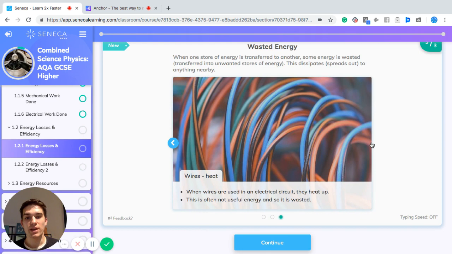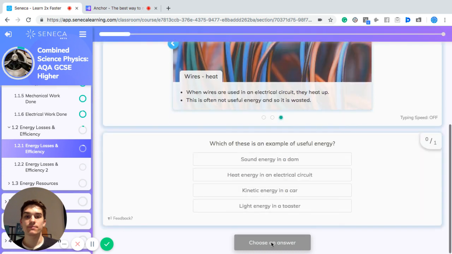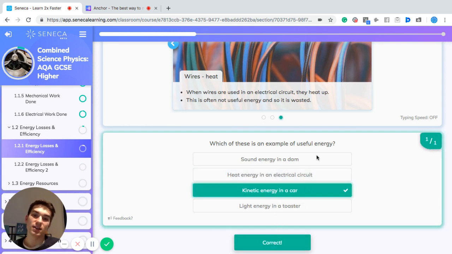Another example is wires. You may notice that wires and plugs sometimes get hot when they're plugged in. So when wires have an electrical current go through them and they heat up, that energy is often not used, so it's wasted. An example of useful energy is kinetic energy in a car.